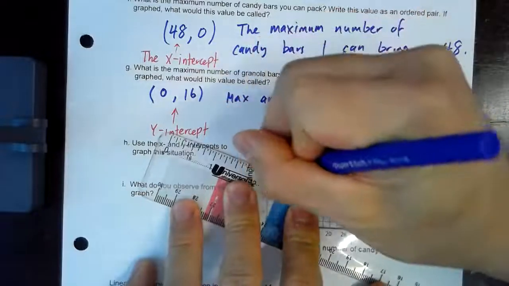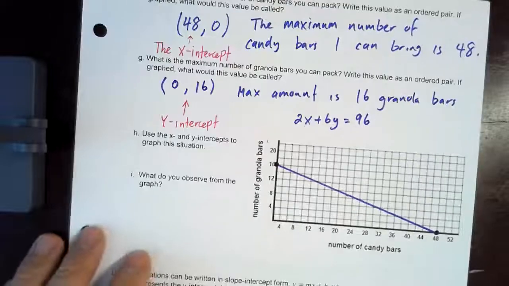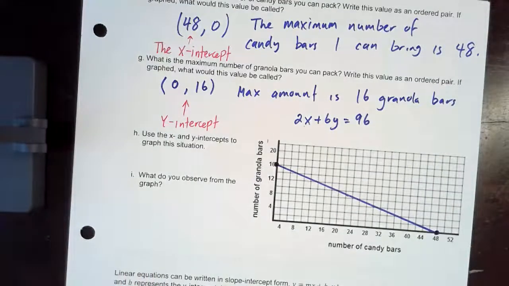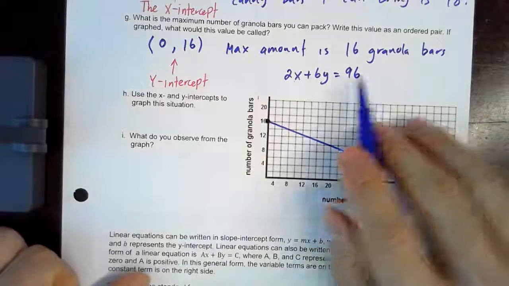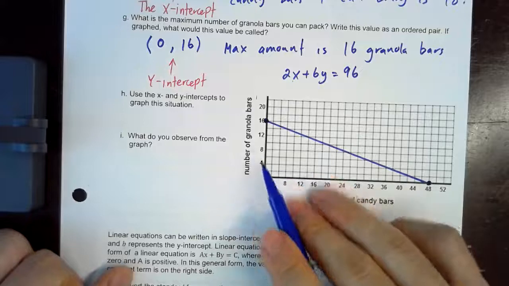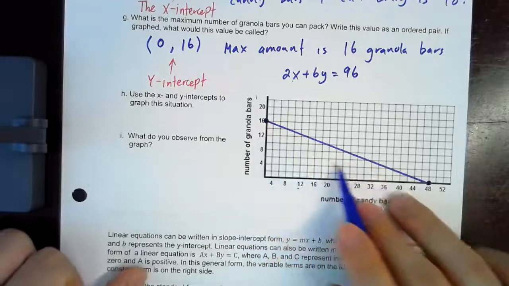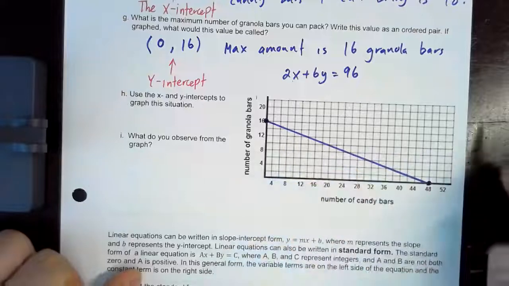And once you have both your intercepts plotted, all you have to do is connect the two intercepts, and you now have the equation graphed. You have the line of this equation correctly graphed. You could see the trade-off, right?